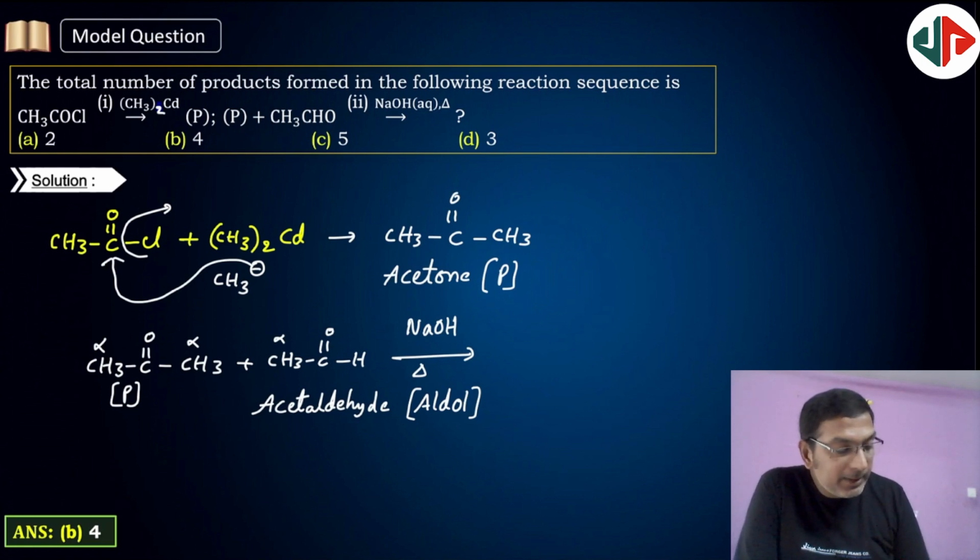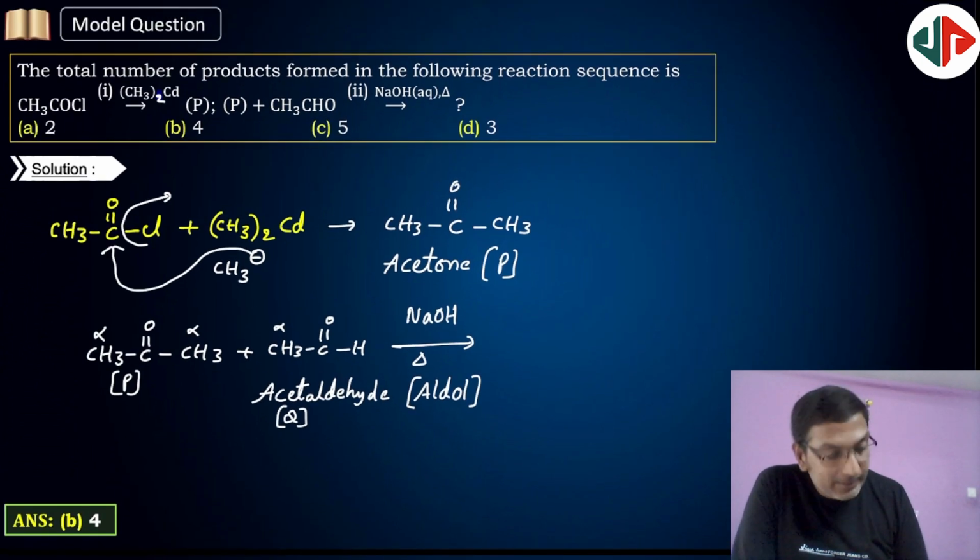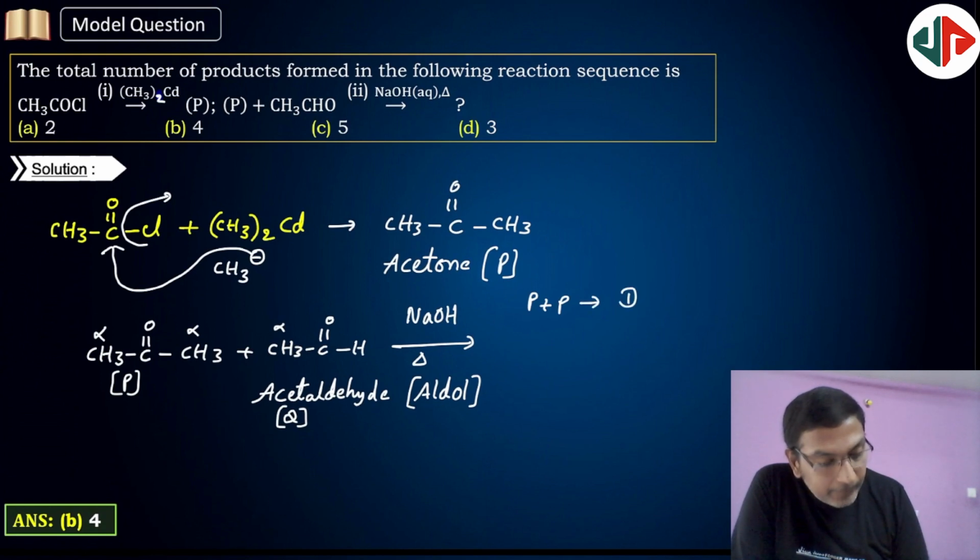So first, say I am taking acetaldehyde as Q. So what are the four products? P plus P combination, one product. Next P plus Q combination, one product. Next Q plus P combination, one product. Next Q plus Q combination, one product.